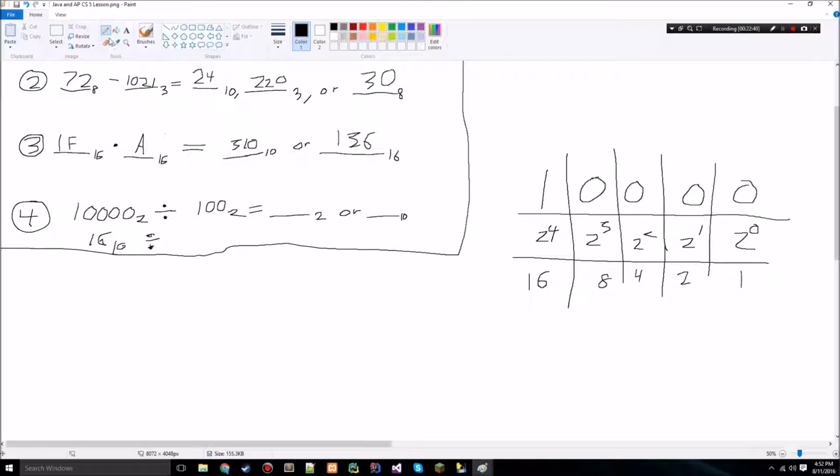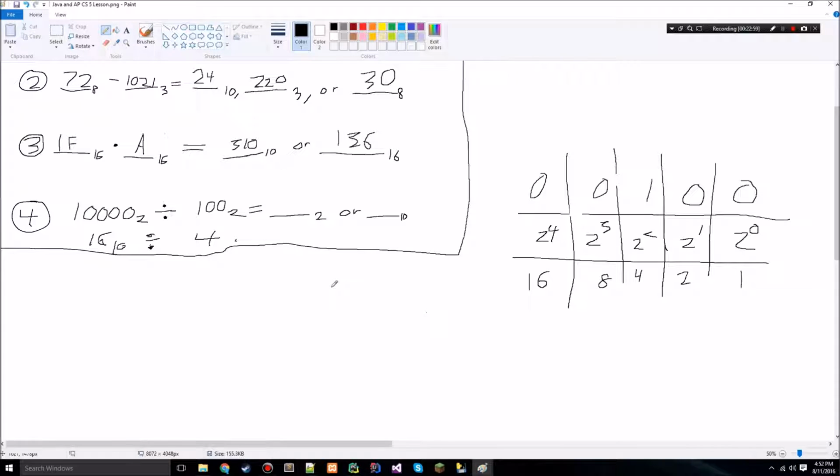So let's go ahead and reuse this chart and put in the number we want. So we can just follow these in with zeros. So 1 0 0 base 2. So we only have a 1 in the 4's place, so this is 4 base 10.